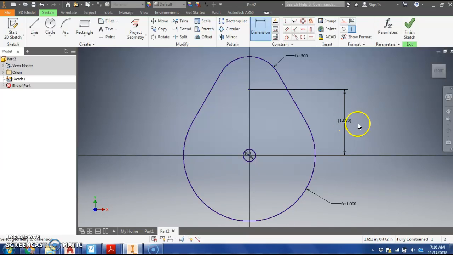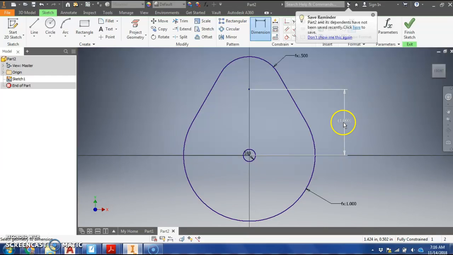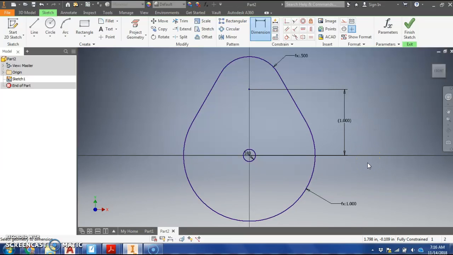And that's perfectly okay because I expect this dimension to be equal to this dimension. So this again was 1/4 times diameter. This one was 1/2 times diameter. That also makes this 1/2 times diameter. And that's all my pear drawing is.